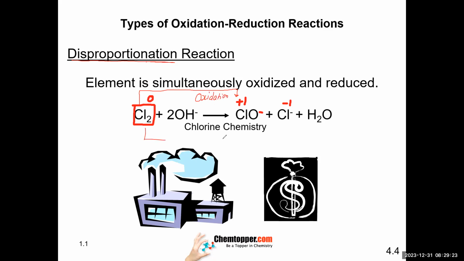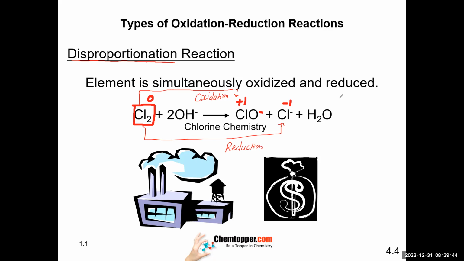And the chlorine gas is also undergoing reduction. So the same compound, Cl2 gas, is undergoing oxidation as well as reduction. These kinds of reactions are called disproportionation reactions.